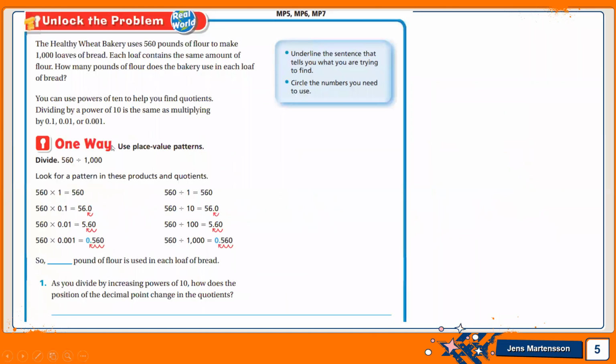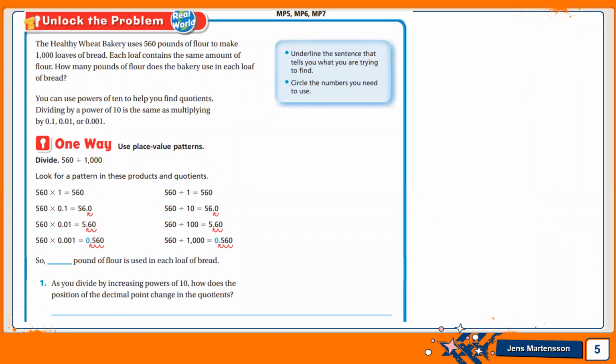Now, all of you, please keep your book open, page 291, in order to start. The Healthy Wheat Bakery uses 560 pounds of flour to make 1,000 loaves of bread. Each loaf contains the same amount of flour.